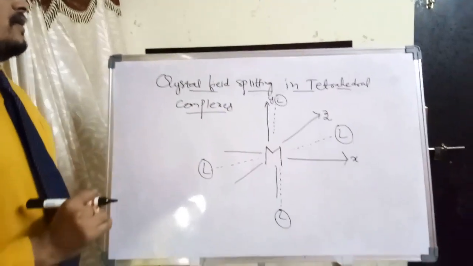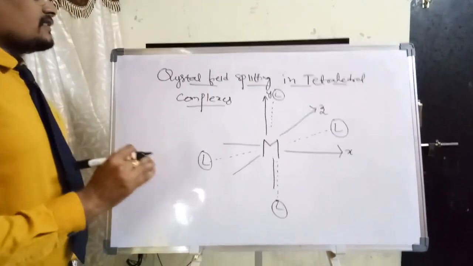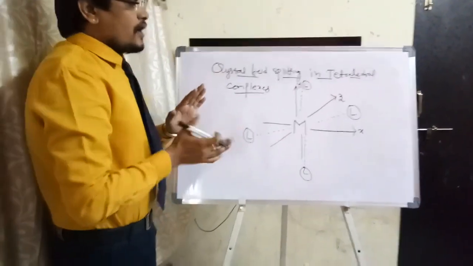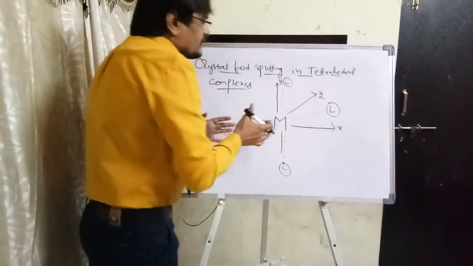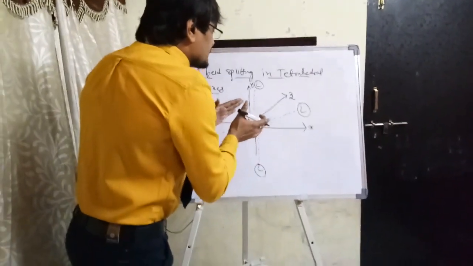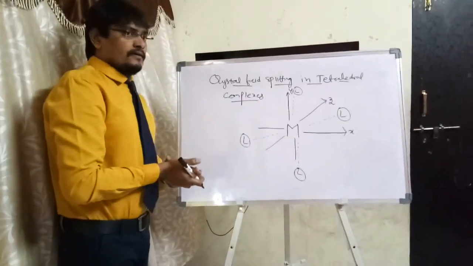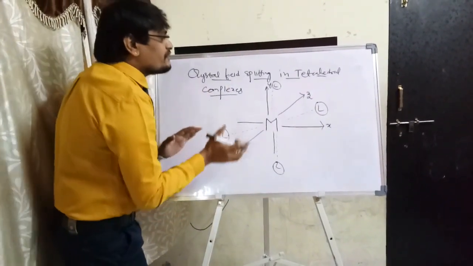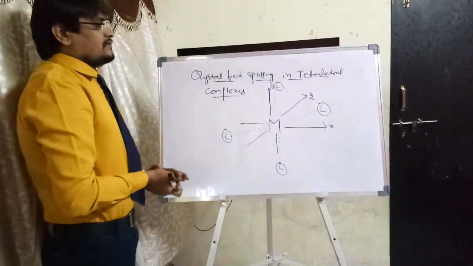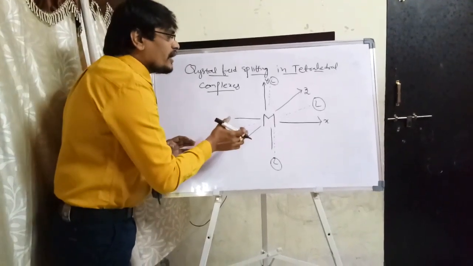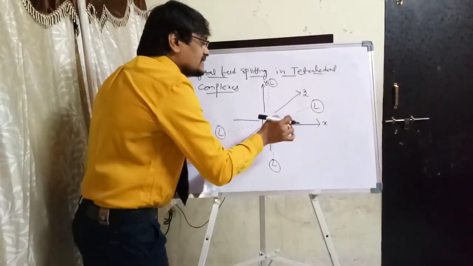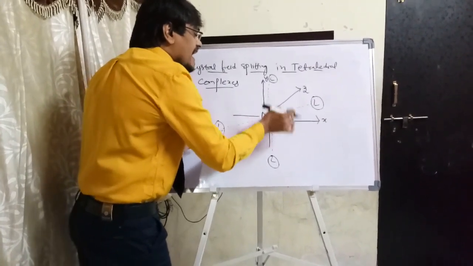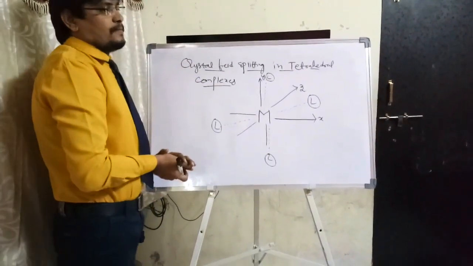Right. Now, let us discuss the splitting in the tetrahedral complex with the help of this. The ligands are in between the x and y axis, which means the ligands are approaching the metal in between the x and y axis. Ligands approaching means the electrons on the ligands are approaching the metal in between the x and y axis.